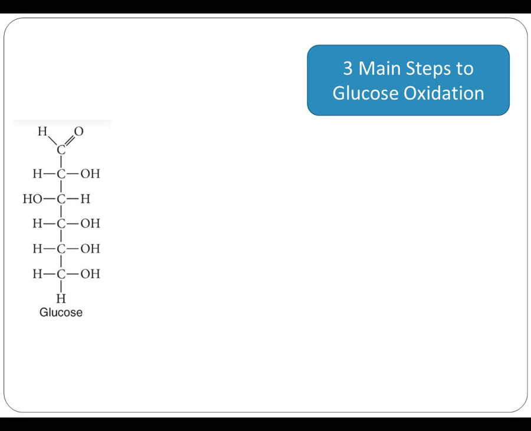The three major steps to glucose oxidation: we're trying to remove the carbon atoms efficiently, to remove energy efficiently. We're oxidizing glucose to make what? In the form of ATP. We're starting with glucose. We're going to pick off its electrons to make ATP.